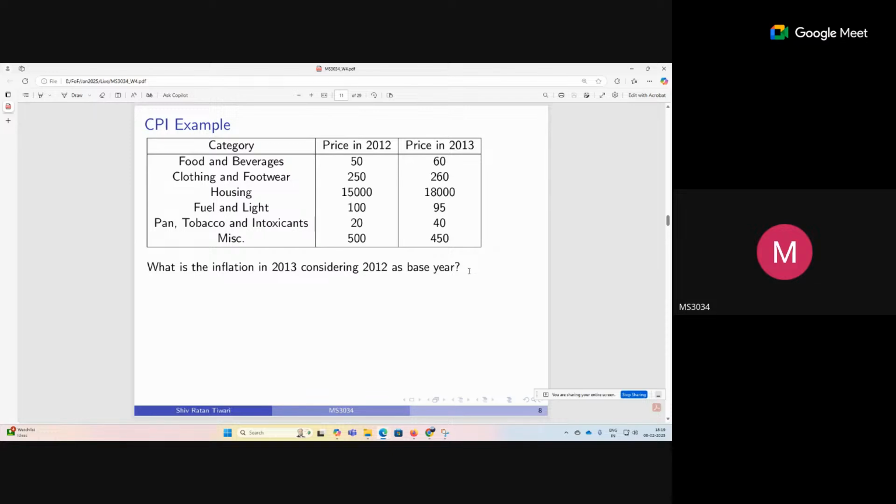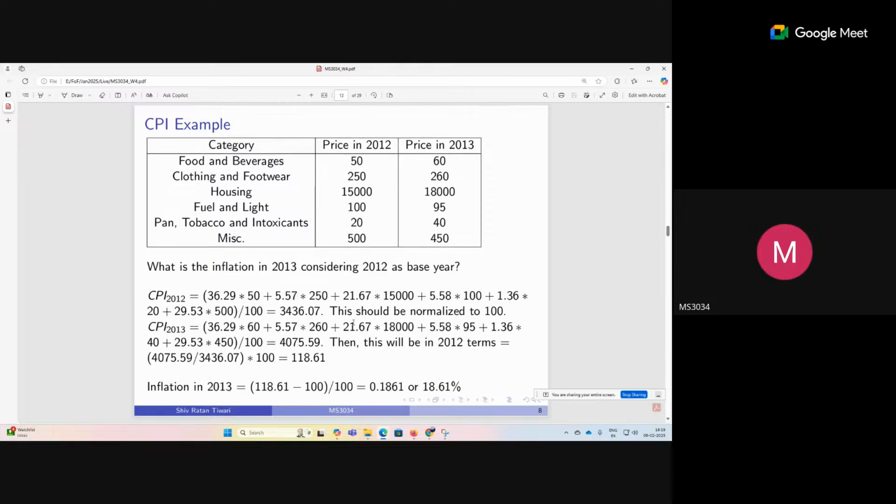For that, we have the weights and we have the prices, so we can calculate the overall or average price for these two years, 2012 and 2013. If we calculate the prices, then in 2012 the average price is 3436.07.